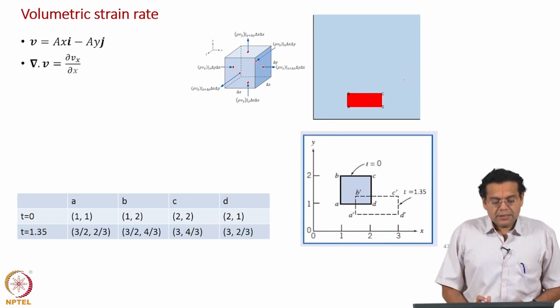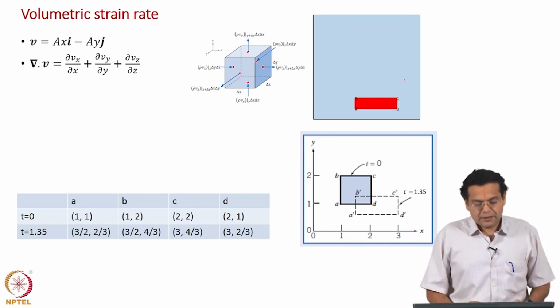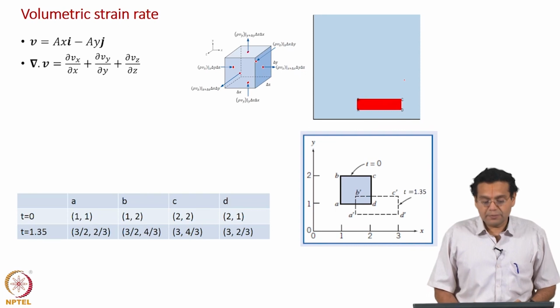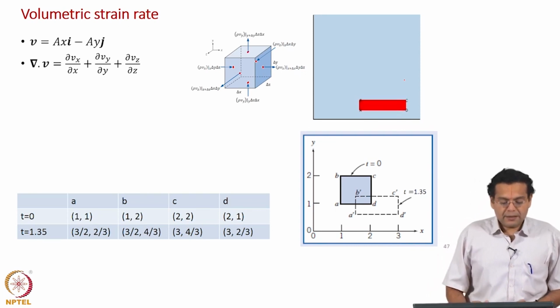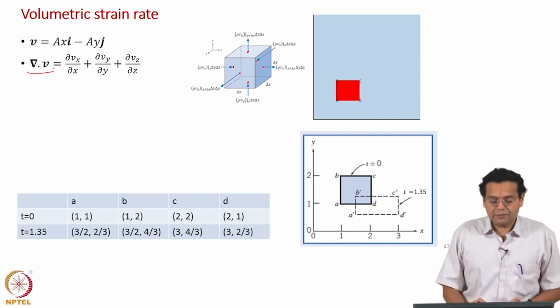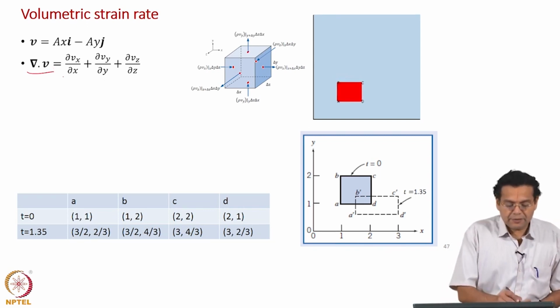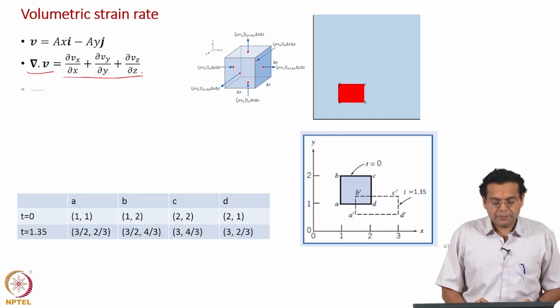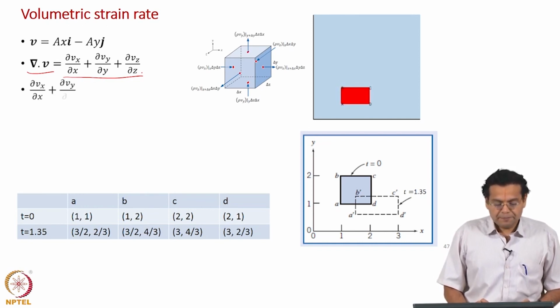We have seen how to express volumetric strain rate, which is the fractional rate of change of volume, and we have seen that it can be expressed in terms of del dot V. Del dot V has all three terms, but in the present case we will have only the first two terms. So, let us evaluate them.